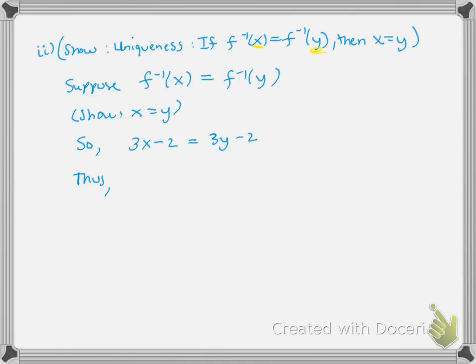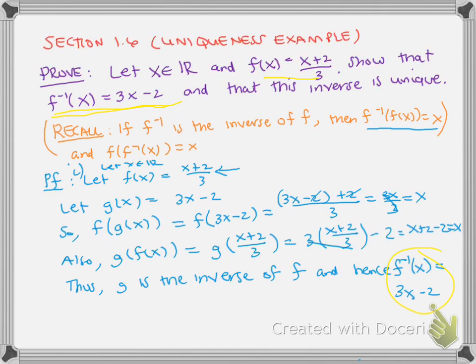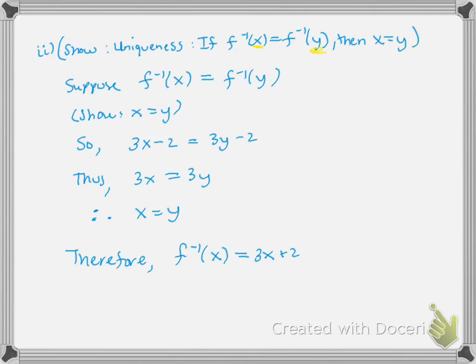Thus, 3x equals 3y. Therefore, x equals y. And so, putting everything together, f inverse of x is 3x... wait, is it plus 2 or minus? It's minus 2. So f inverse of x is 3x minus 2, and this inverse is unique.